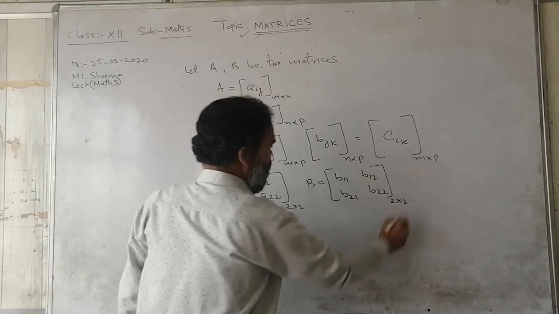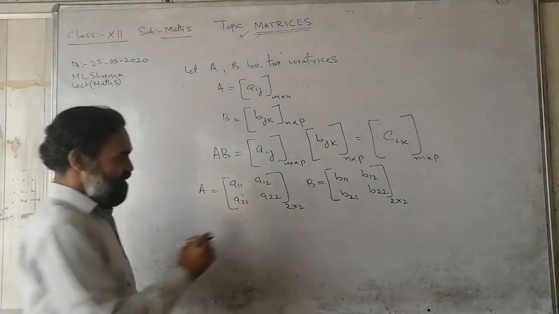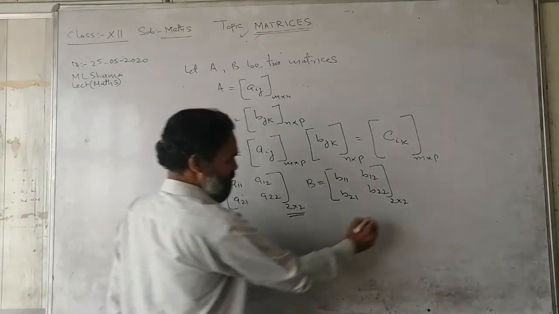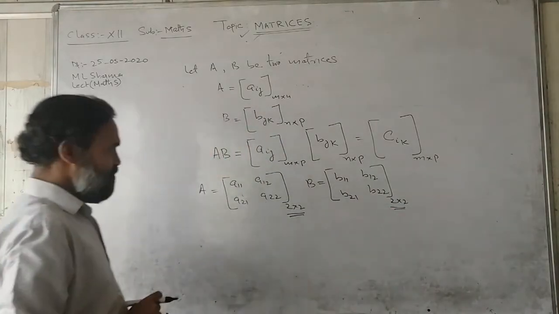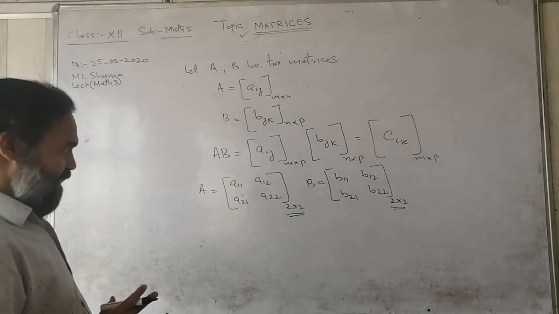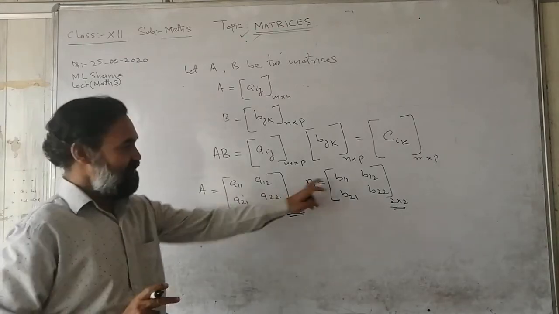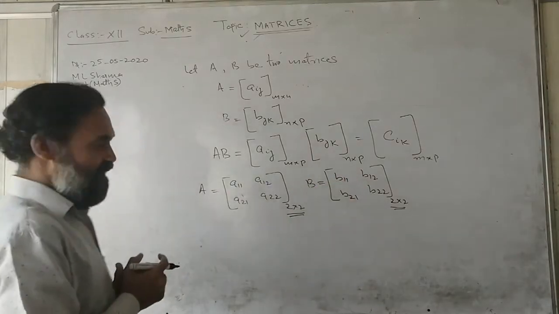So I have taken two matrices A and B. Both are of order 2 by 2. Now in case I had to add or subtract them, then the elements were added pointwise.